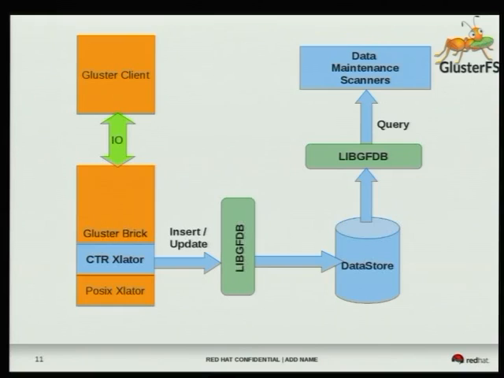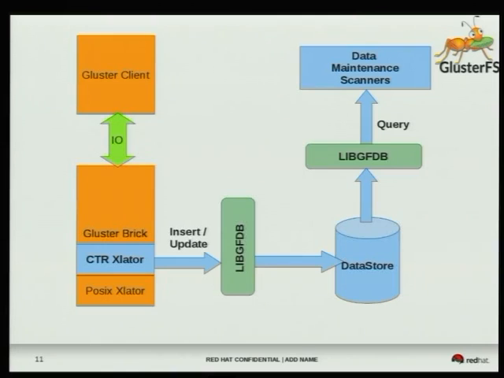They will make a simple query. For example, for data tiering, you will just ask this question, get me all the files that have changed with this frequency on a cold tier, so that if I consider them hot, I will move them to the hot tier. Now, one thing we should understand is that data tiering is not a cache. A cache would be faster, a block cache would be faster. We are talking about whole files to be moved.